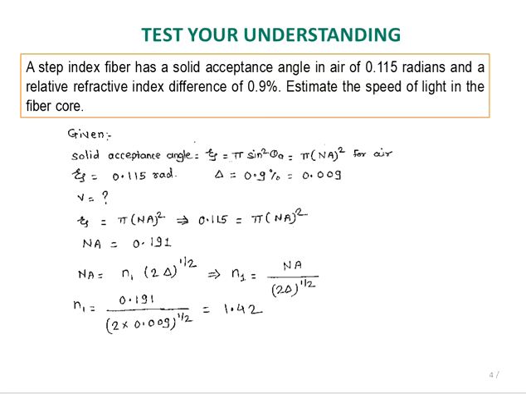So we got the value of n1 1.42, that is the refractive index of the core. Once I get the refractive index, n1 is c by v. So I can write v equal to c by n1, where c is the velocity of light, 3 into 10 raised to 8 meter per second. So we get the value of speed of light inside the medium 2.1 into 10 raised to 8 meter per second.